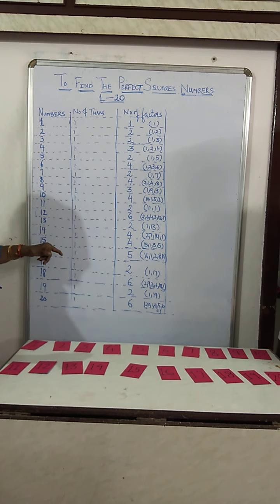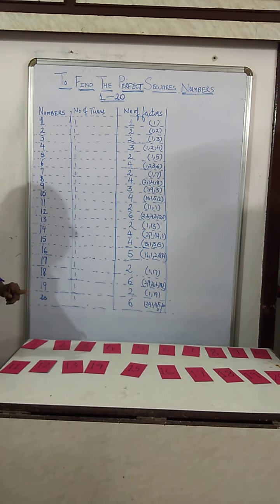So wherever 1 is a factor, we turned the card upside down, from 1 to 20. Once we have turned the card, the number of turns became 1 for each.